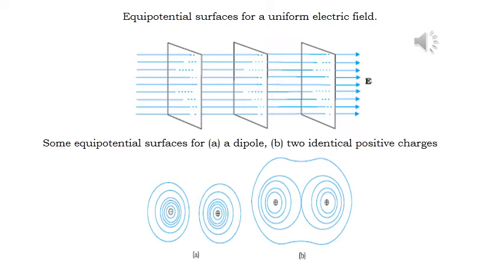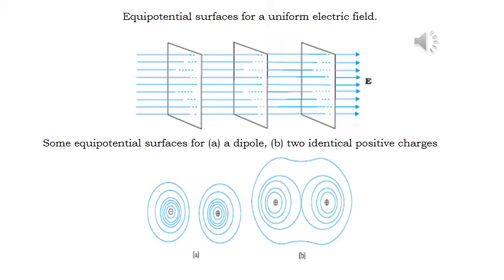So comparing the first surface, second surface, third surface, as we move towards the right side, the potential on the surface is decreasing. At the same time, the potential at any points on a single surface must be equal. This is a point to be noted.